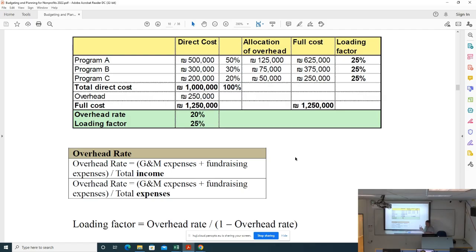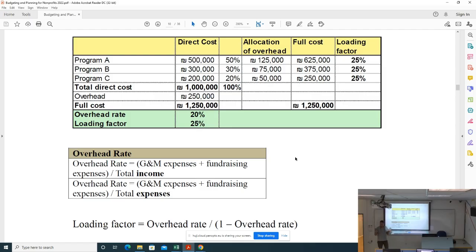And the way it is used is by looking at something which is called loading factor. Now, I admit that I invented this term loading factor because people usually call this one also overhead rate. So we have a problem here that overhead rate, the same thing, relates to two different concepts.